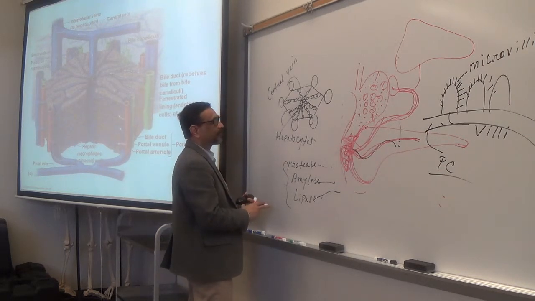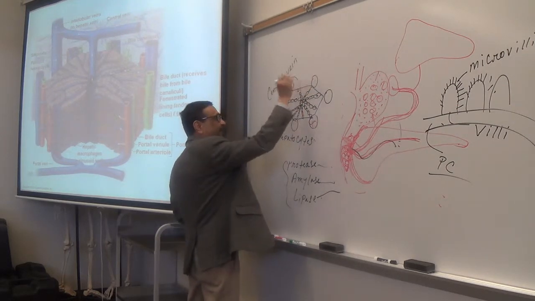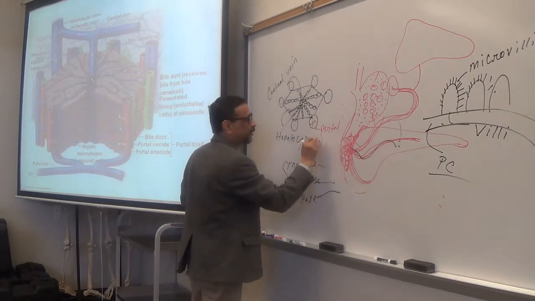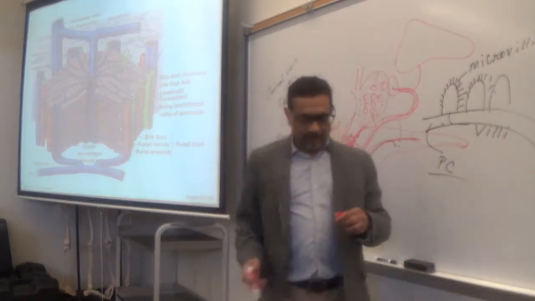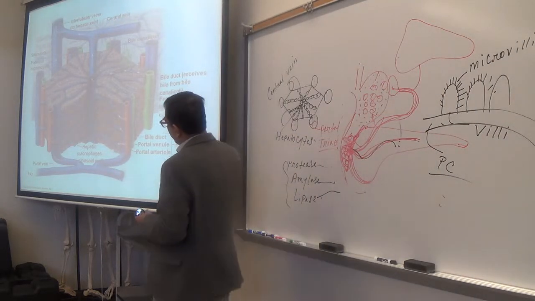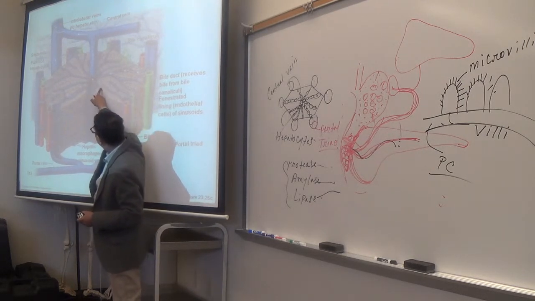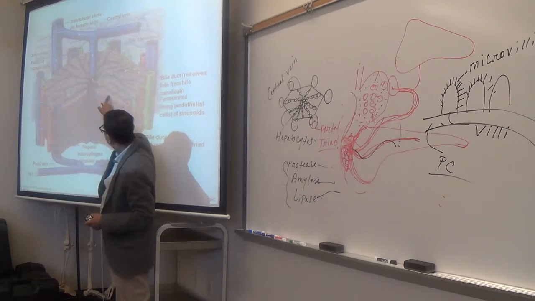Arteriole, venule, and bile duct. Same thing in each portal triad. So this is portal triad, which contains bile duct, arteriole, venule. Now you see one thing. Beside each hepatocyte, you have a very thin hair-like bile canaliculus, singular.